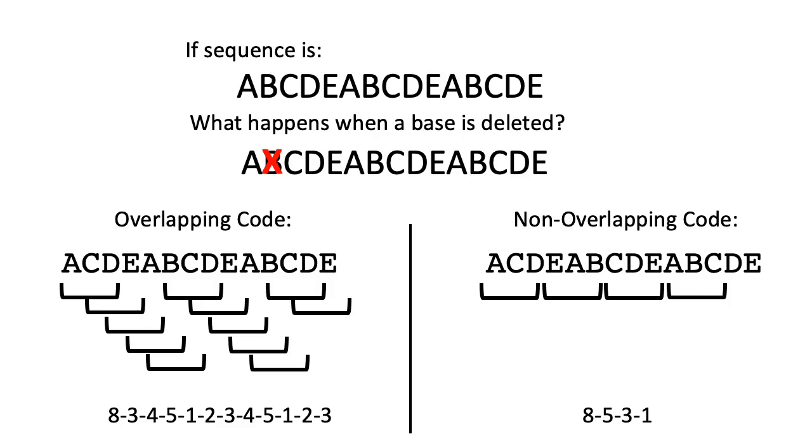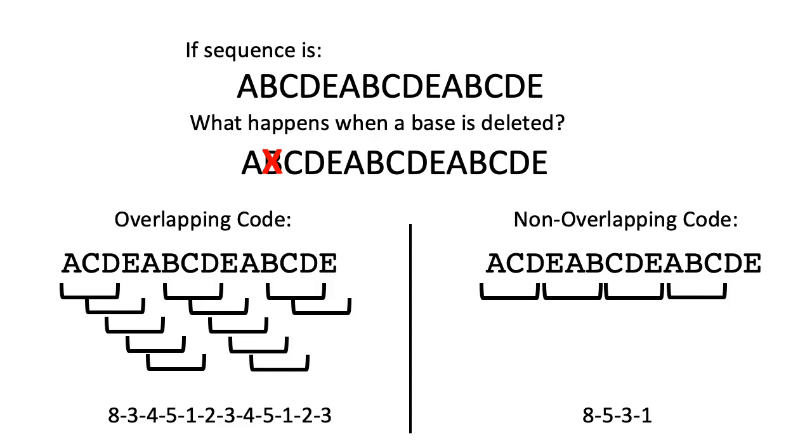If we delete that very first B, with an overlapping code, we are only going to see an effect in the first 2 amino acids. The very first codon should have been ABC, but now it is ACD. So I'm just going to call that amino acid number 8 because it's different.